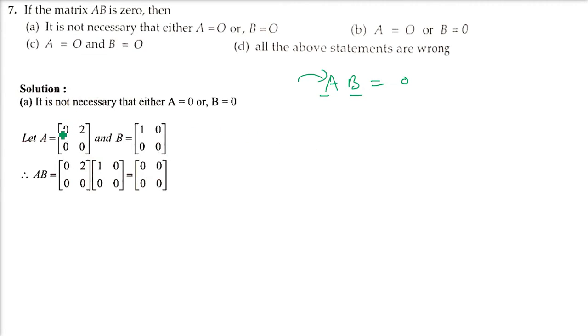For example, A is [0, 2; 0, 0]. This is our matrix. B is [1, 0; 0, 0]. They both are not null matrices. But when we multiply, it's going to give us 0, that is the null matrix. Okay. So if the matrix AB is 0, it is not necessary that either A is 0 or B is 0.